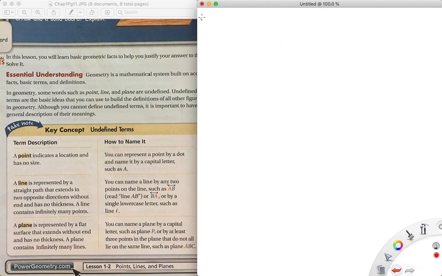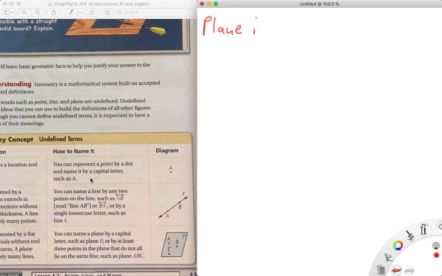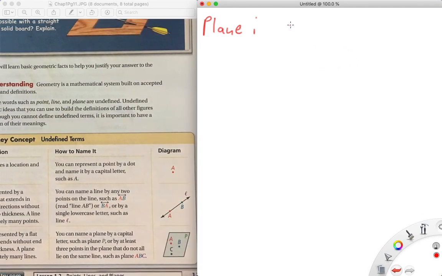Plane. A flat surface. And it goes off in two directions.